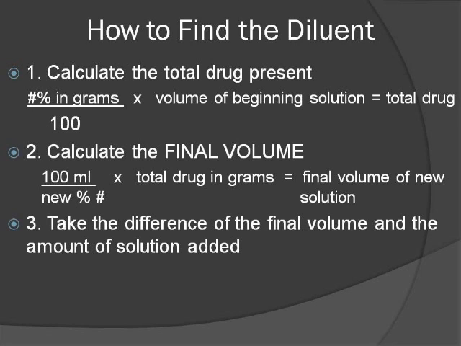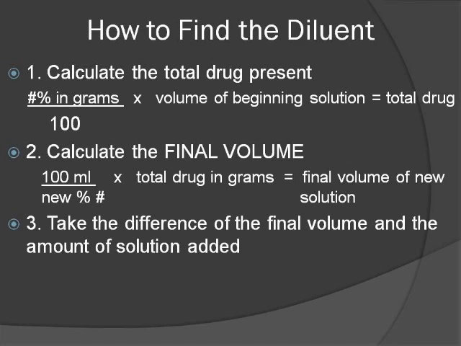We'll put the percent on the bottom, and then multiply that by the total drug in grams, the answer we figured out from step 1. That gives us the final volume of the new solution. So just remember, we begin with milliliters on top because that's what we're solving for, and it's 100 because we're dealing with a percent, so many grams out of 100.